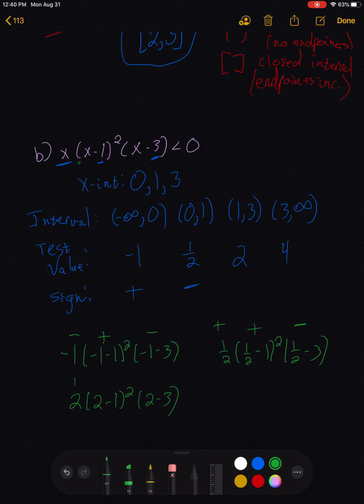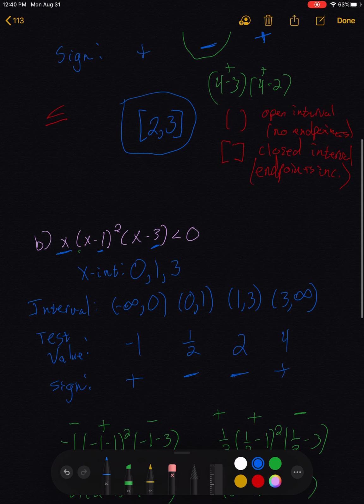So 2 is positive, middle term always positive, 2 minus 3 is negative, so I have a positive times a negative. And that result is then negative. And then finally we want to test 4, so x is 4 times 4 minus 1 squared times 4 minus 3. For 4, we know the middle term is always positive because it's a square, and then 4 minus 1 is positive. So since all the factors are positive, the result here is going to be positive.